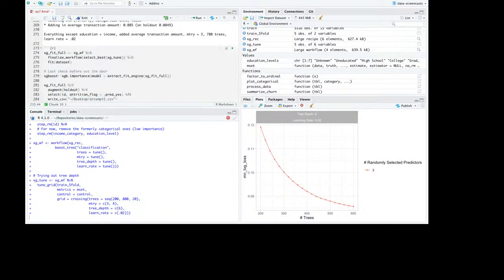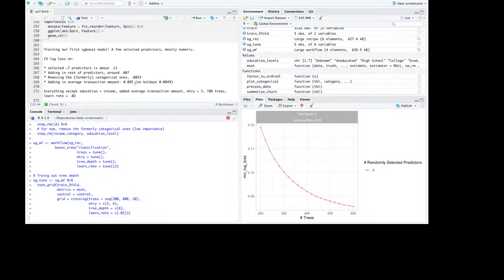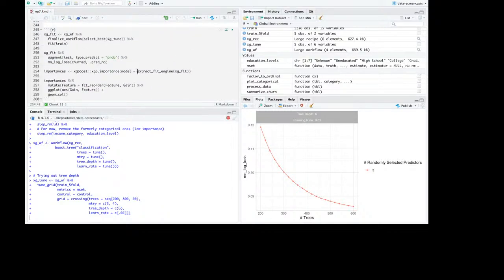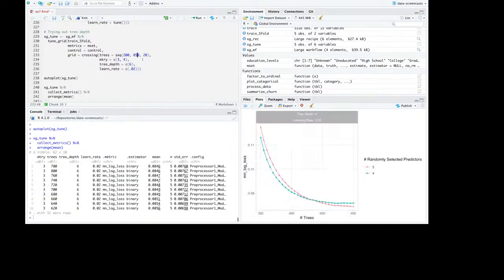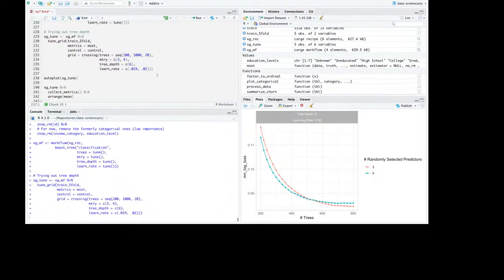What was my best model again? I said that somewhere. mtry 3, 780 trees, learn rate 0.02. 780 trees, I'm going to give it a little space. Just experimenting around here, so I'm experimenting a little more cautiously. I don't want everything to crash again.